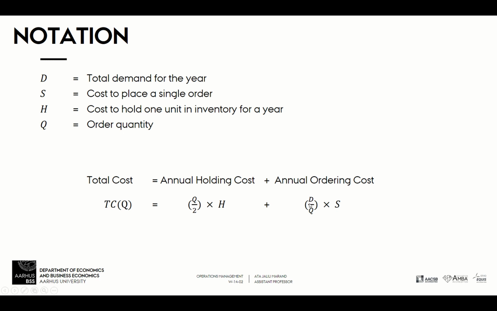So if we have a demand equal to 1600, and if we make orders of size 400, then 1600 divided by 400 will give us 4, which is the number of orders that we make per year. So S will be multiplied by the number of orders that we make each year. So this will give us the total cost.